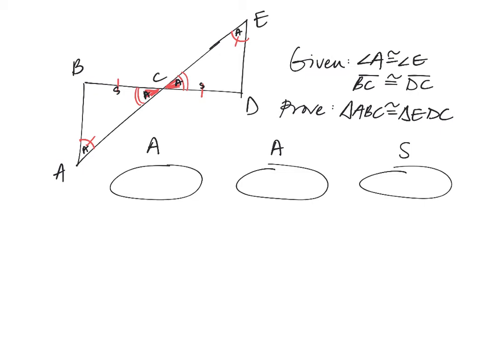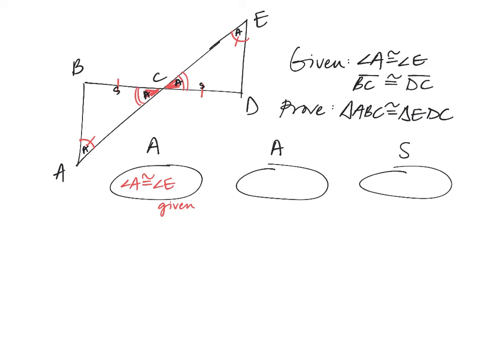So I'll start by saying that angle A is congruent to angle E, and the reason is it's given information. Okay, that's how I know it's true. Now, the piece of information that I found out is the fact that I have vertical angles congruent.